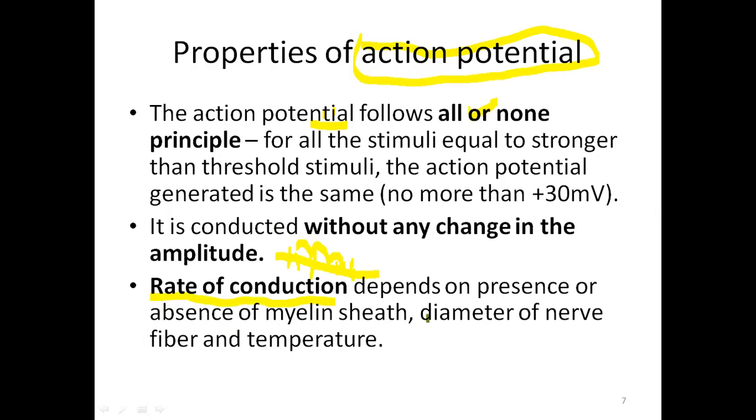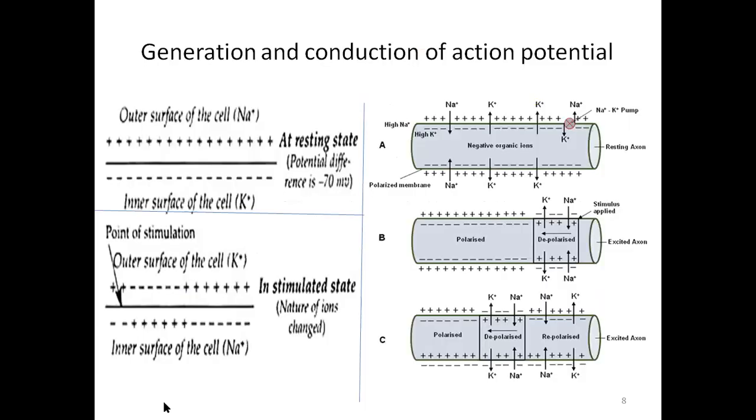The rate of conduction or the speed with which it is conducted depends on, number one, myelin sheath, presence or absence of the myelin sheath. Number two, the diameter of the nerve fiber, and sometimes it also depends on the temperature. These are the factors that can affect the rate of conduction of the nerve impulse.